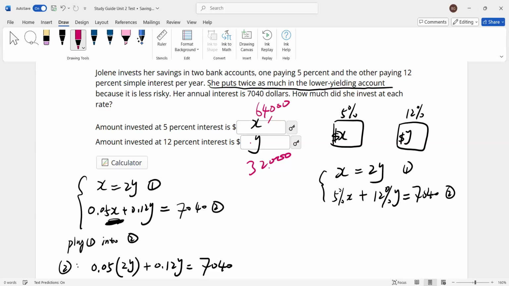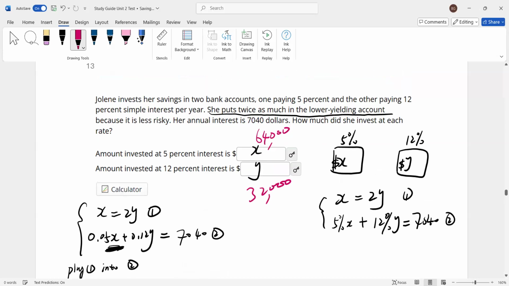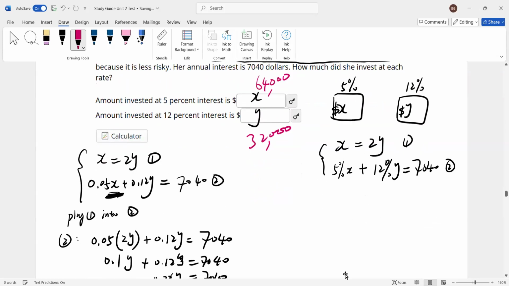All right, so that's the value. We can quickly check 5% of 64 grand.